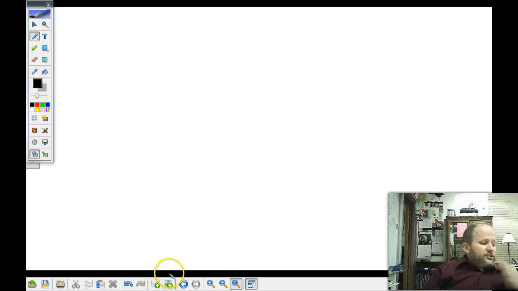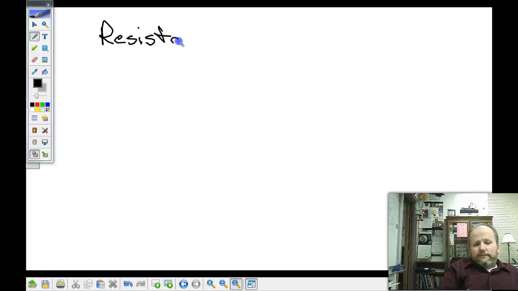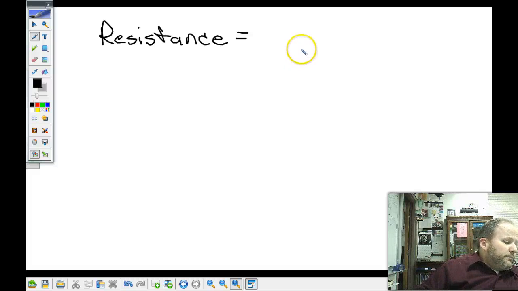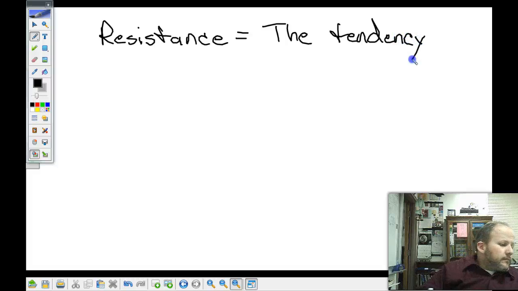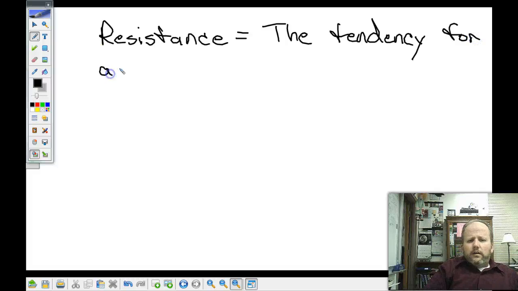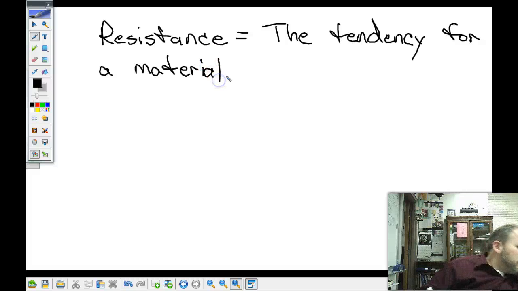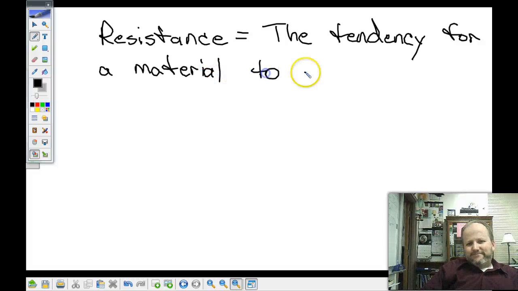Next vocab I need you to know is resistance. I do not like the way your book defines this, but I am not going to make up my own, so I'm just going to go with what your book says. Your book says resistance is the tendency for a material to resist the flow of electrons.